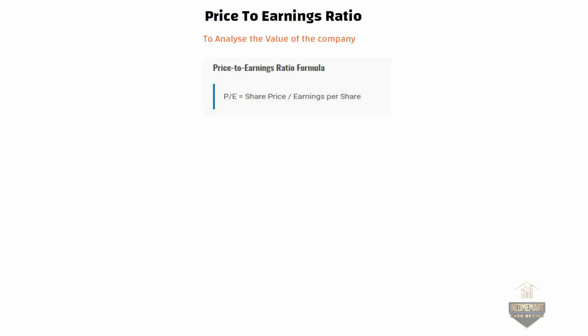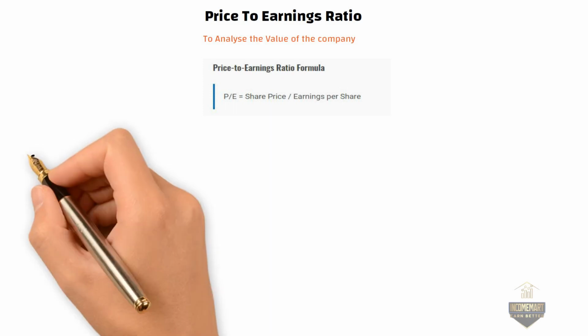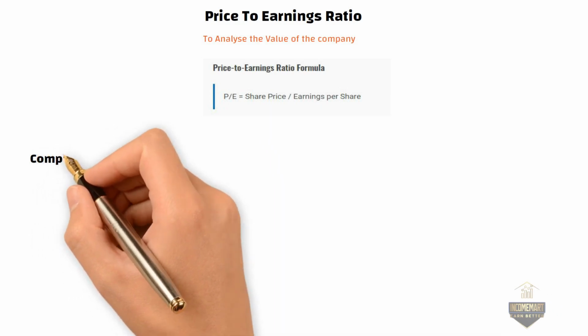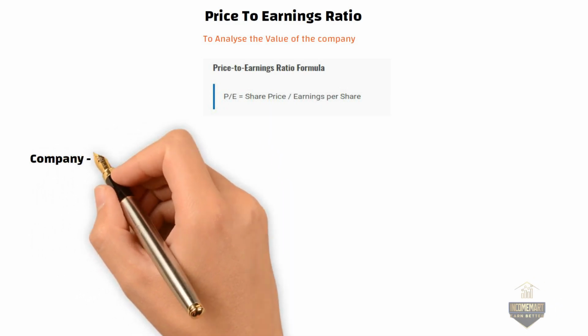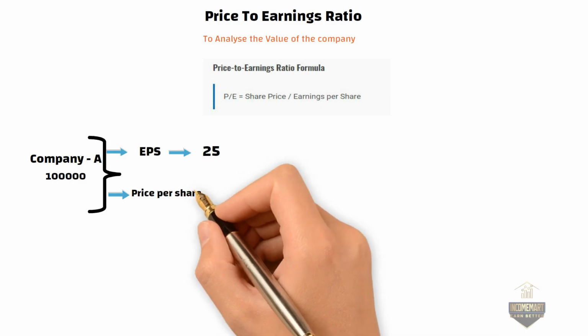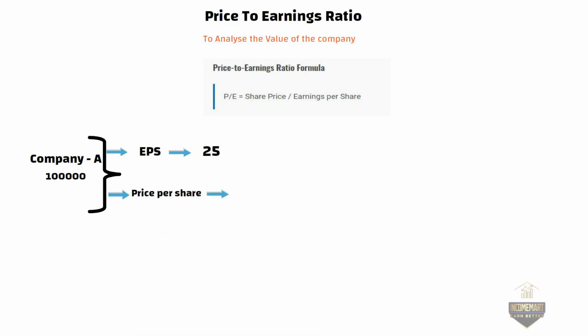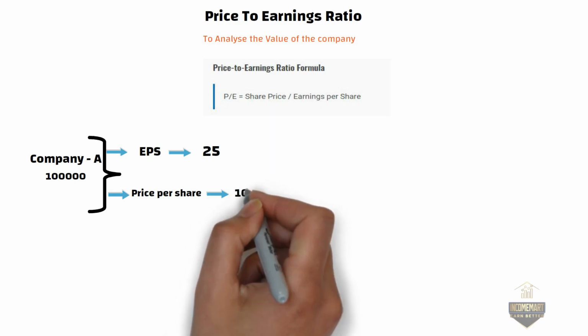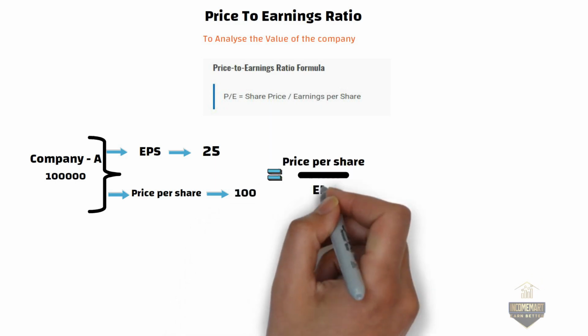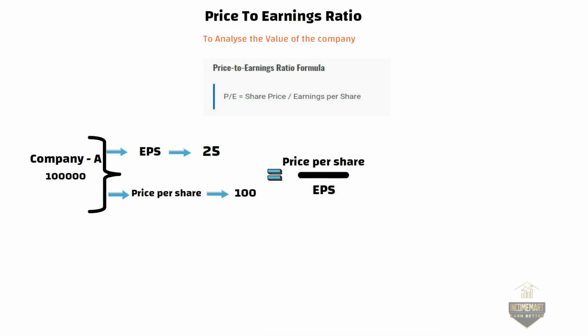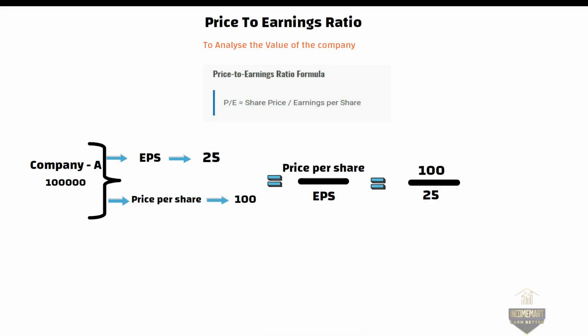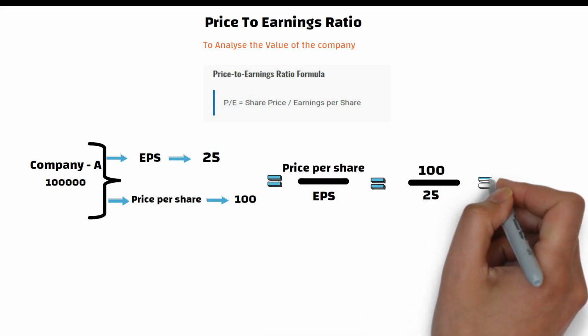In accordance with the previous example, company A has 1 lakh shares and we have calculated that its EPS is 25. We already know that each share costs 100 rupees. Here the PE ratio is calculated by dividing the price per share by the company's EPS. 100 divided by 25 equals 4. So currently company A's PE ratio is 4.